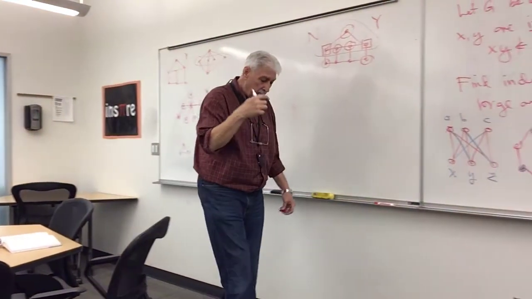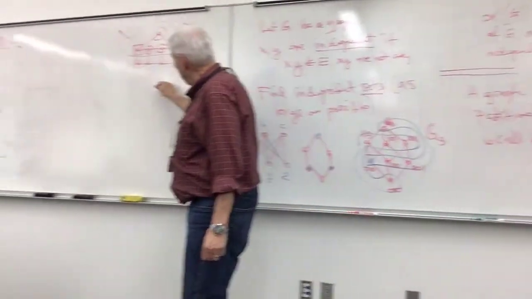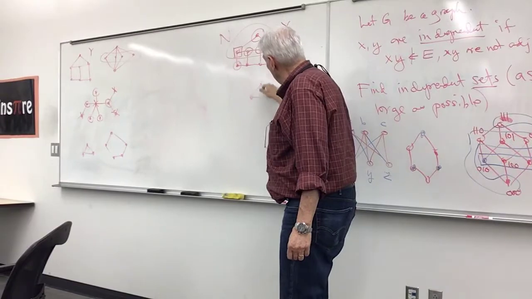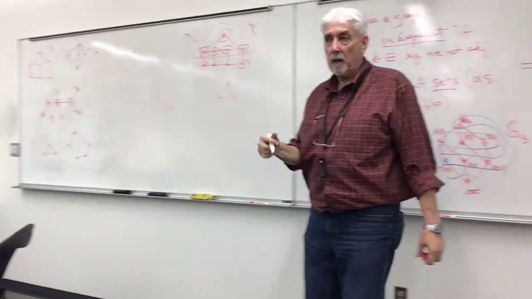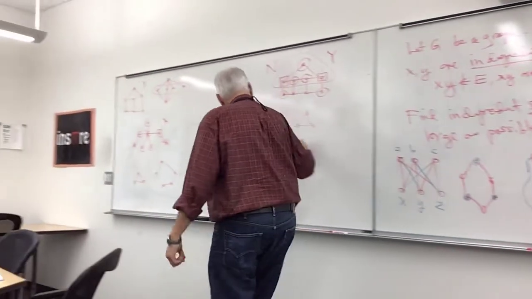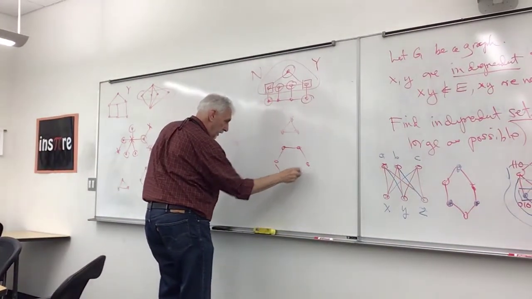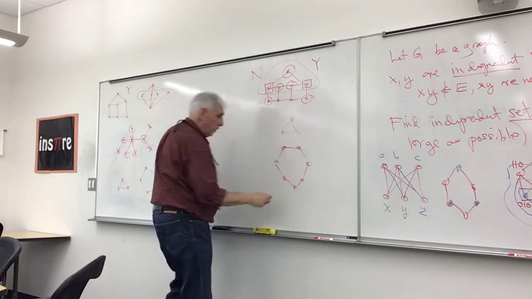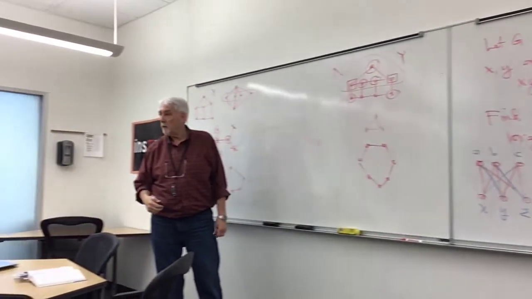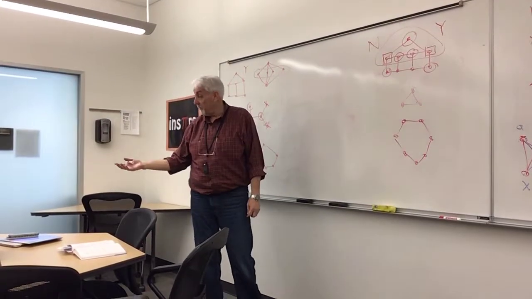If it contains a C5, that's bad. What if it contains a C3? Oh, that's pretty bad. Right. Okay, what about a C7? Let me see if I can draw a C7. No, because it's odd.